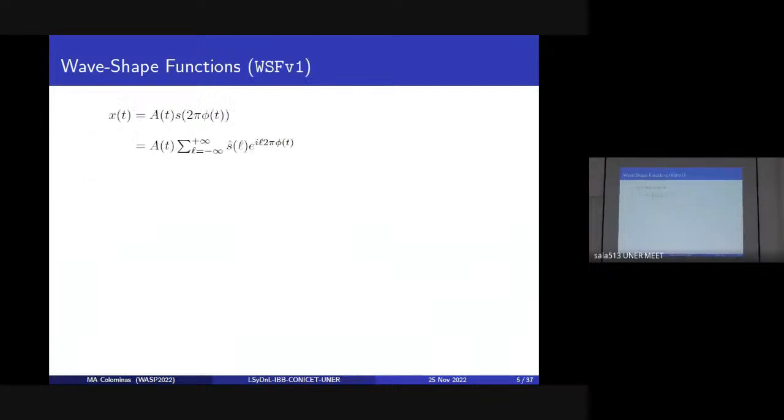So we have this where we just replace the function S by its Fourier series. And since the function S is evaluated at 2 pi phi, we write here 2 pi phi. And we can use the real form of the Fourier series to write this as a function of alpha and beta.